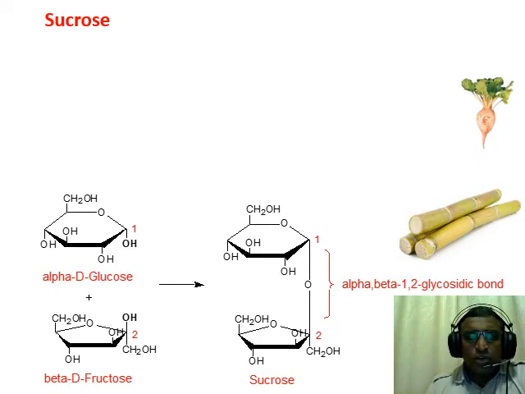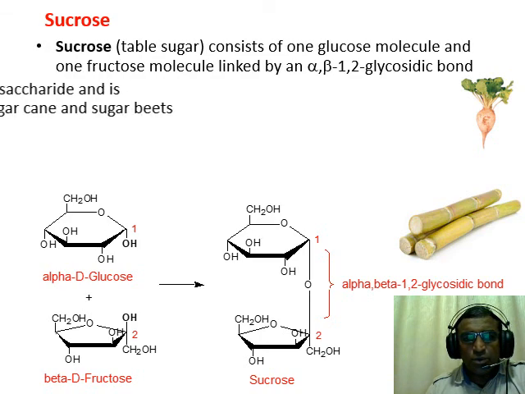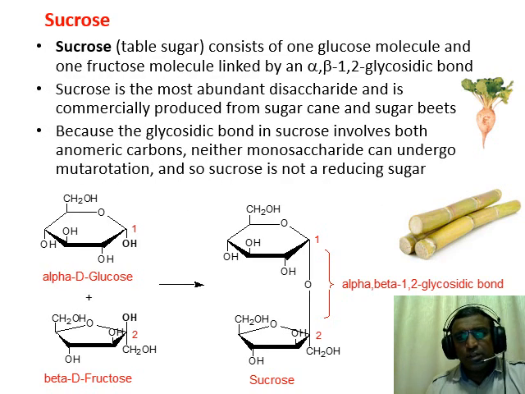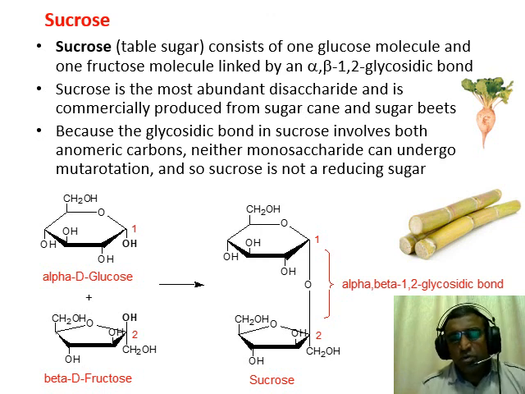Now we move our attention to sucrose. Sucrose is also known as table sugar because it is possible to extract it from beetroot or sugarcane, which is more common in our country, to become the table sugar we use in daily life.